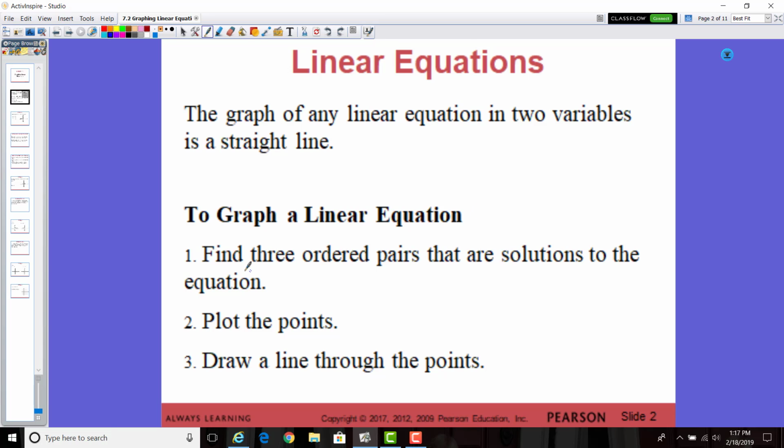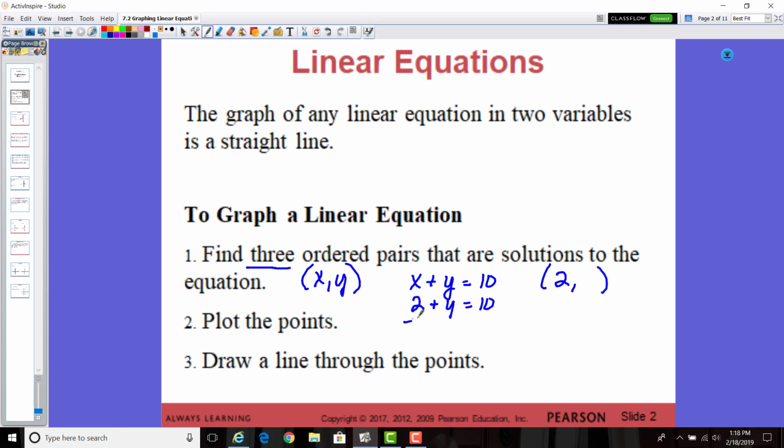Okay, so really we want to find three ordered pairs that are solutions to the equation. So we're finding three x and y ordered pairs that are solutions. If we have an equation, take x plus y equals 10. If I say x equals 2, then I am starting my ordered pair that looks like that.